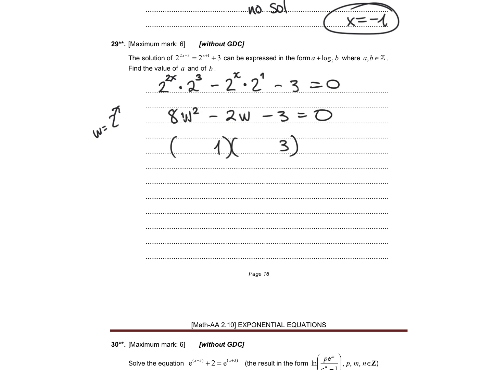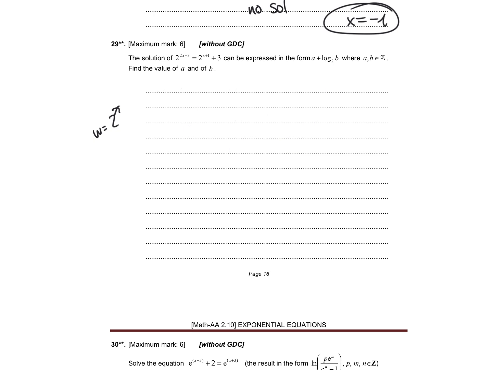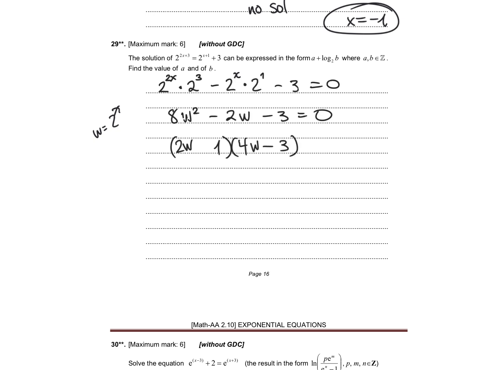We've got 3 and 1 there, and we need factors. 4w and 2w here, so that we have a negative 6w plus 4. So we're going to have w, 2 to the x, equals negative 1 over 2, not happening.